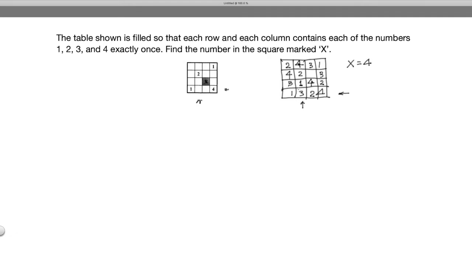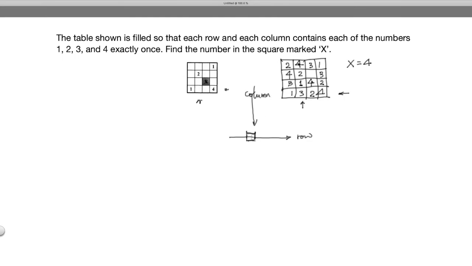So for these kinds of questions, there is a key to this kind of logic question. In this problem, the key is to look for a square that has a lot of numbers already known in either the row or the column.